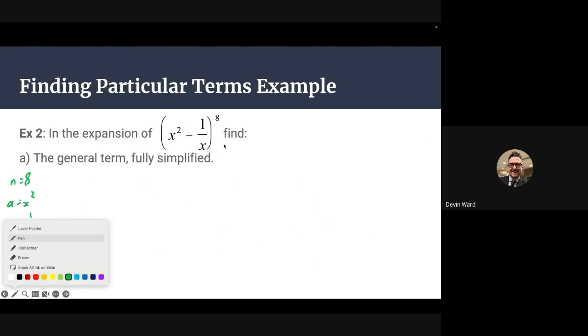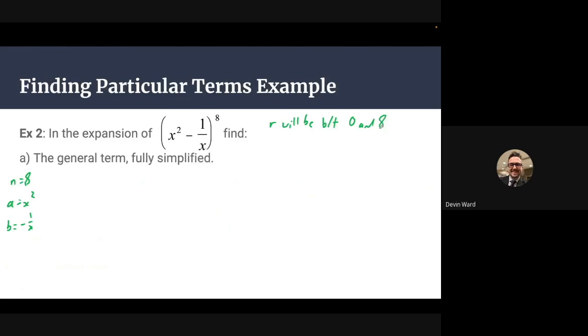Also I just want to note r will be between 0 and 8. So for all our answers, r is going to be between 0 and 8, and there are 9 terms because it's 1 more than my n value.